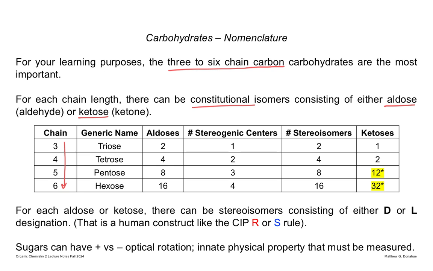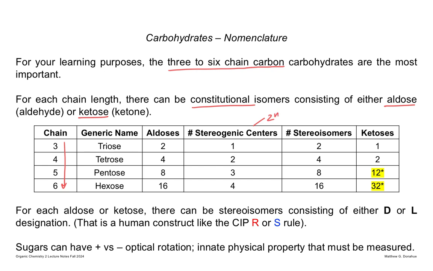So for the aldoses, where you have an aldehyde in the chain, there's 2 of them because there's 1 stereoisomer along that carbon backbone. So if we remember how we figure out the number of stereoisomers total, you count the stereogenic centers, and then it's 2 to the n.